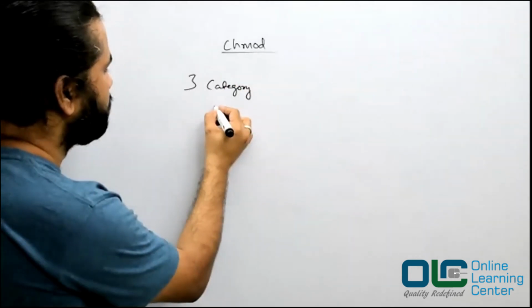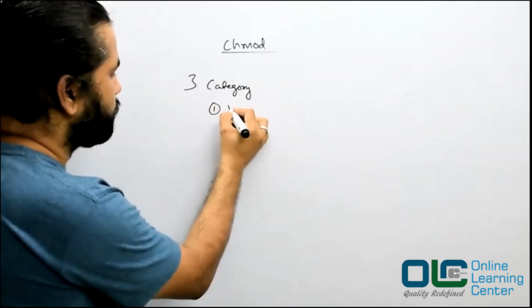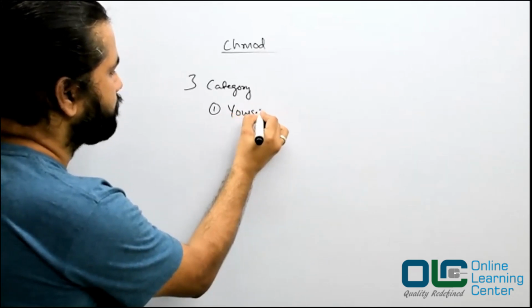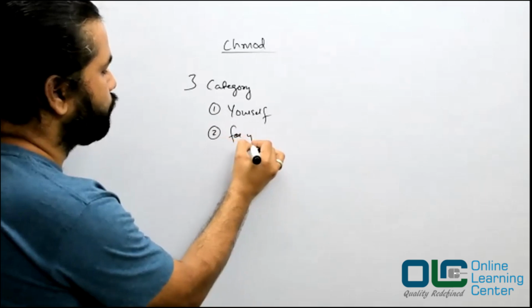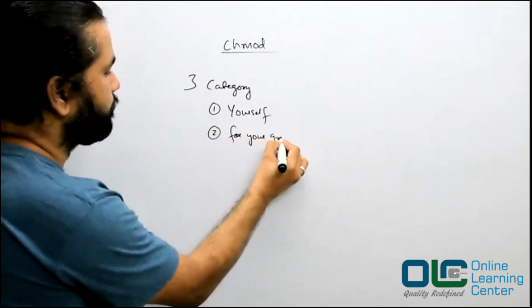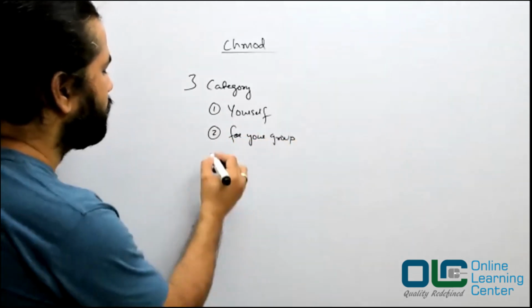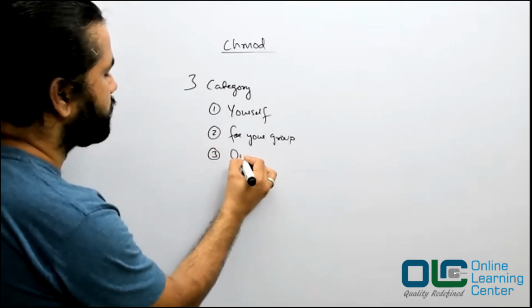Number 1, for yourself. Number 2, for your group members. And number 3, for outsiders.